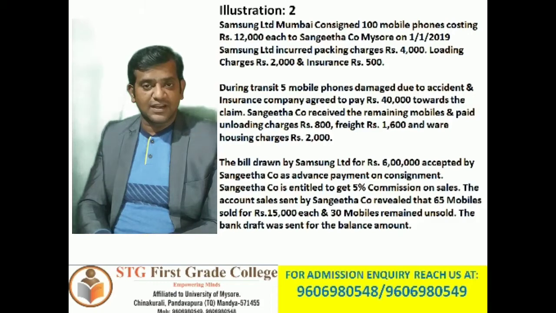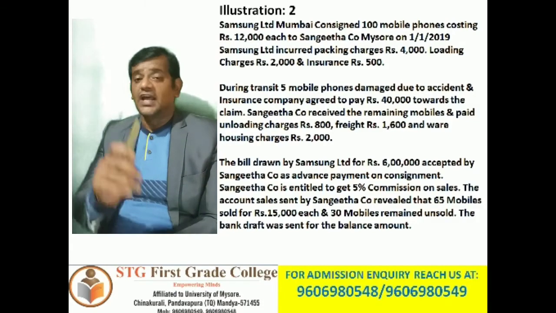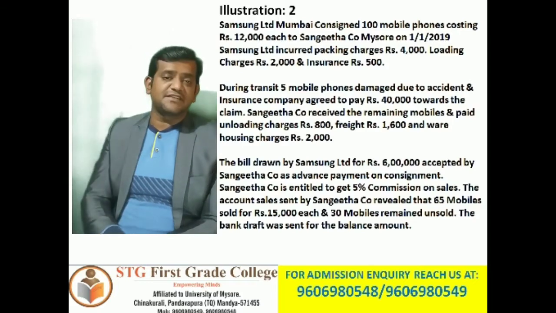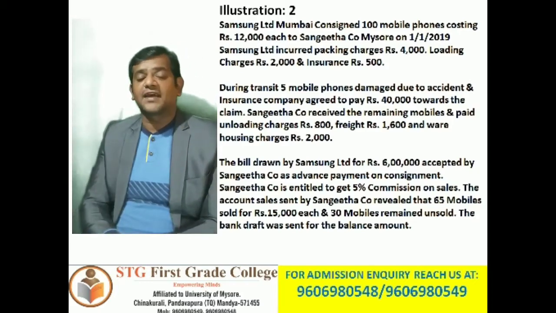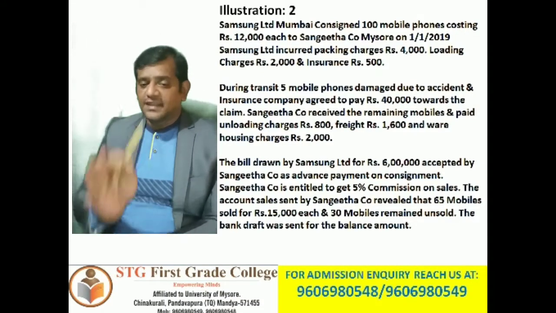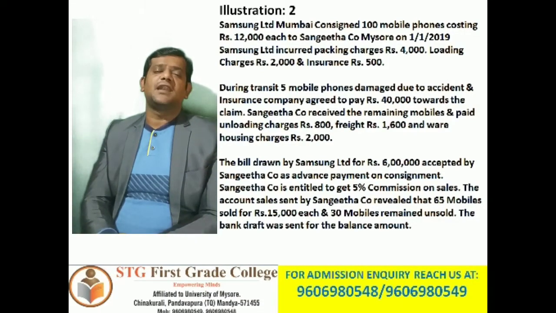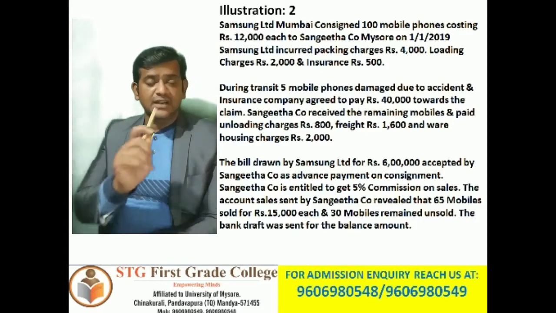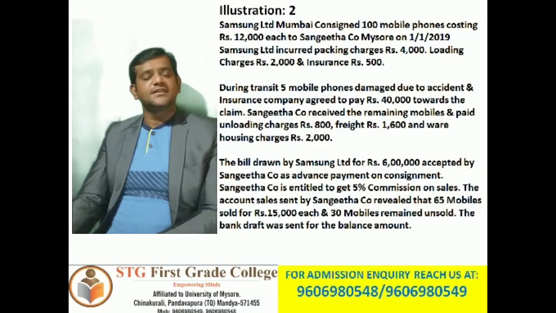So they have clearly said that the closing stock, that is the unsold mobiles, is 30. So 30 plus 65 is 95, and with the accident 5 mobiles, that is 100. Clear? The bank draft was sent for the balance amount. Whatever the remaining balance has to be settled, a draft has been sent for that.